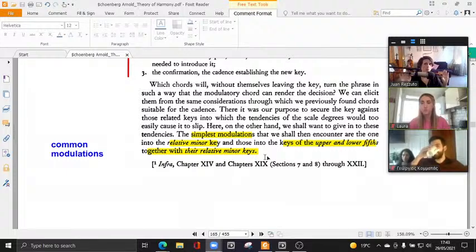Those we encounter are the relative minor key if we are in a major key, and the upper fifth, lower fifth, and their relative minors. So how many do we have in total? How many modulations are we dealing with now?